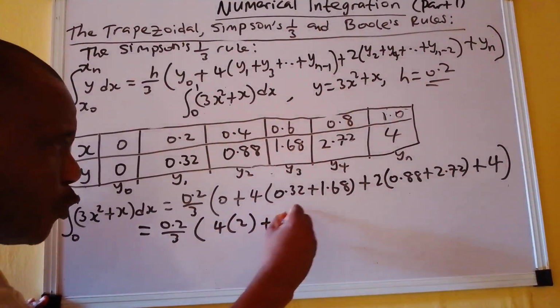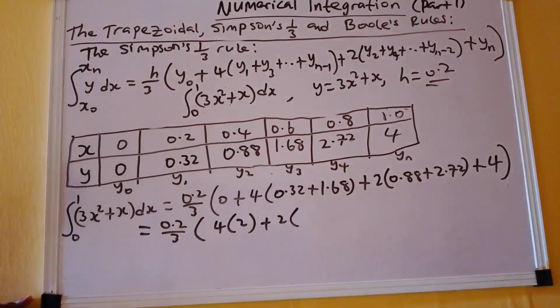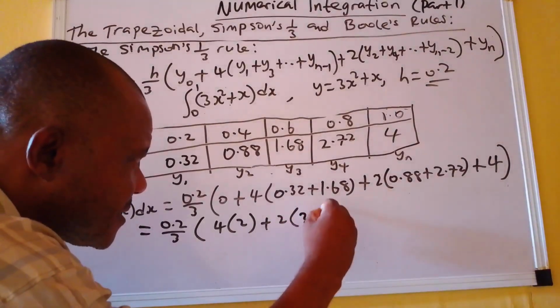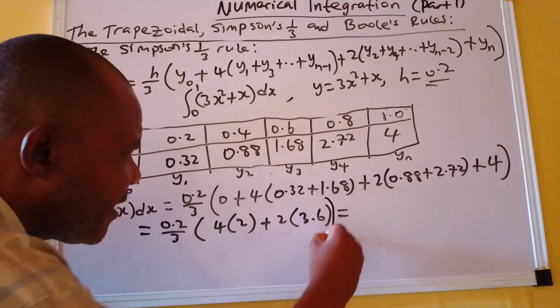Then plus 2 into 0.88 plus 2.72, that will give us 3.6. You cover the bracket.